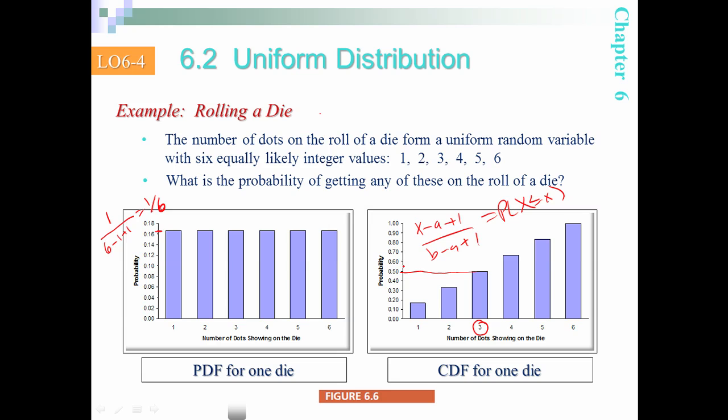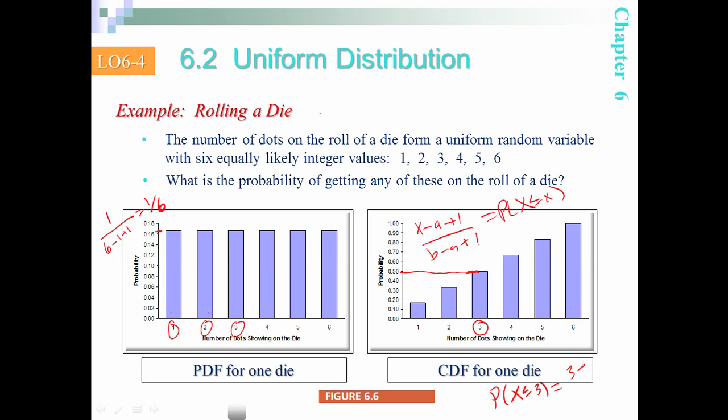And to find that, I would come over and say, well, here's the probability x is equal to 1, probability x is equal to 2, probability x is equal to 3. If I add these three values up, then I get the height of this function over here. And I can show that this is the probability I'm looking for: probability x is less than or equal to 3.